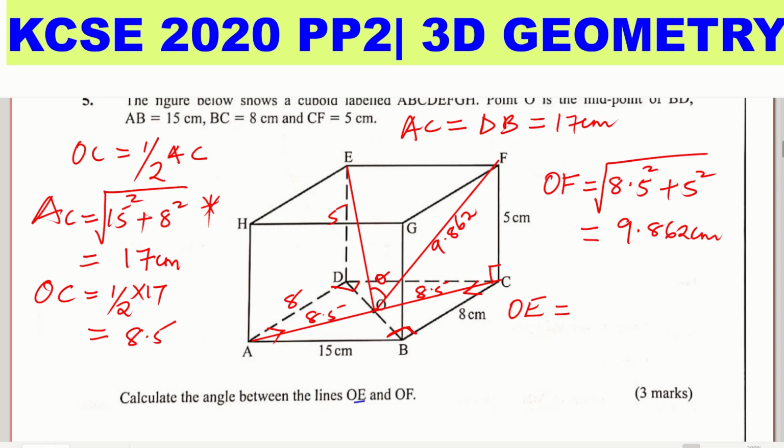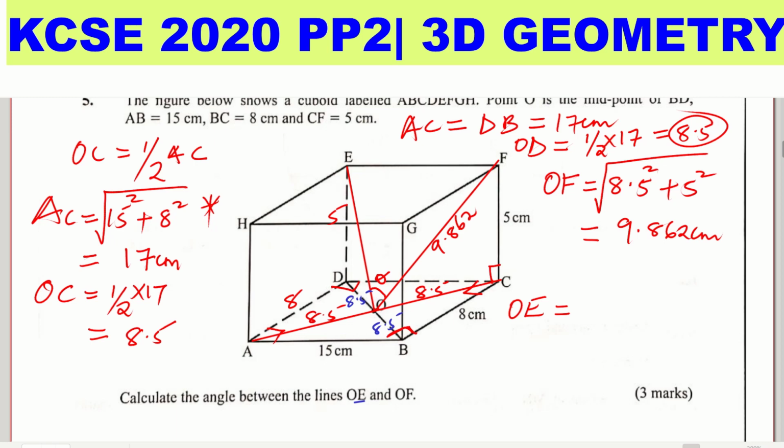By the fact that AC is equal to DB is equal to 17 centimeters, therefore OD will be half of 17, which will be 8.5. So it will be the same thing. Now, using triangle ODE, we can get OE.